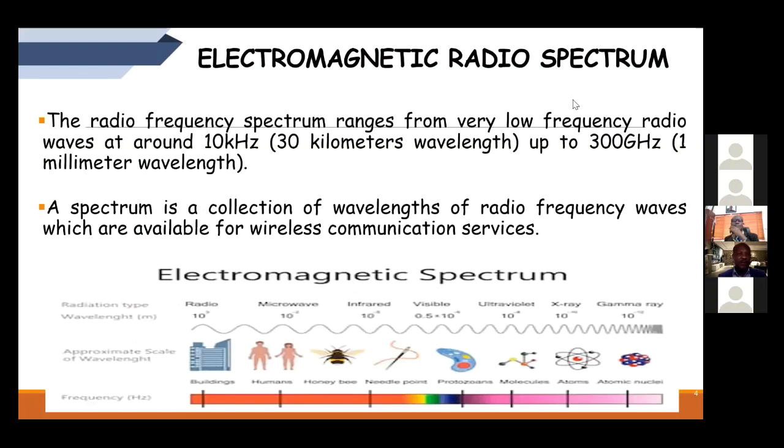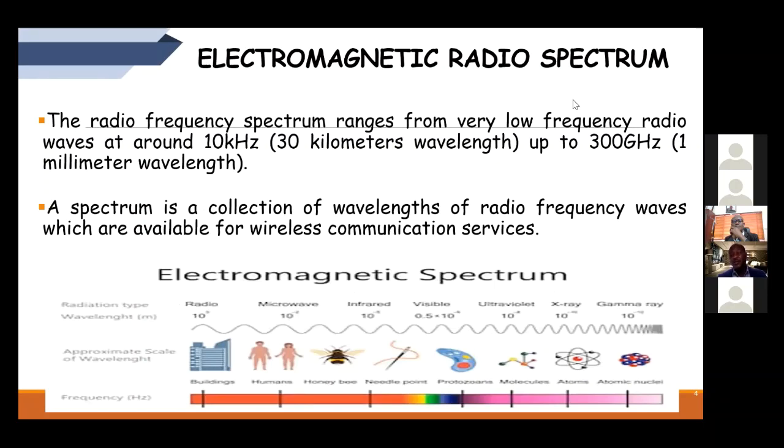Now, all of us are abreast with the radio frequency spectrum, ranging from the low frequency waves of around 10 kilohertz. Basically, it's actually supposed to be from 3.4 kilohertz, which is my voice and yours, and has a very long wavelength.